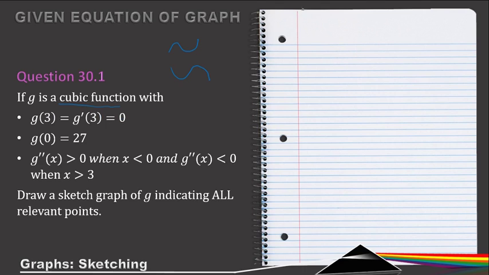So what this tells us is that g(3) is equal to 0, and g'(3) is equal to 0. So this tells us that there is an x-intercept at x equals 3.